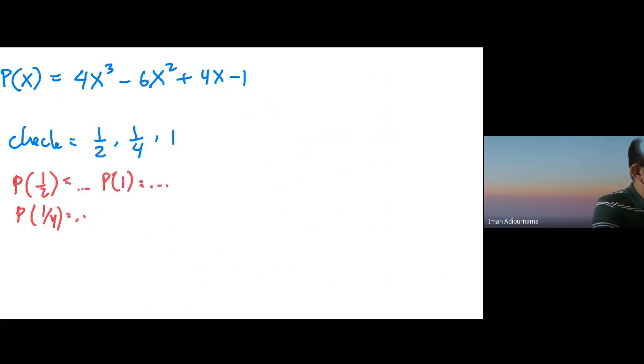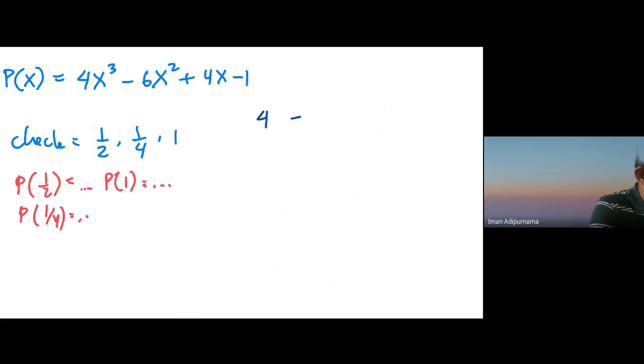But if you still feel this is too many calculations, we can write it as a polynomial long division. So we write 4, -6, 4, and -1. We can start with 1. Check 1. I hope you remember this method.